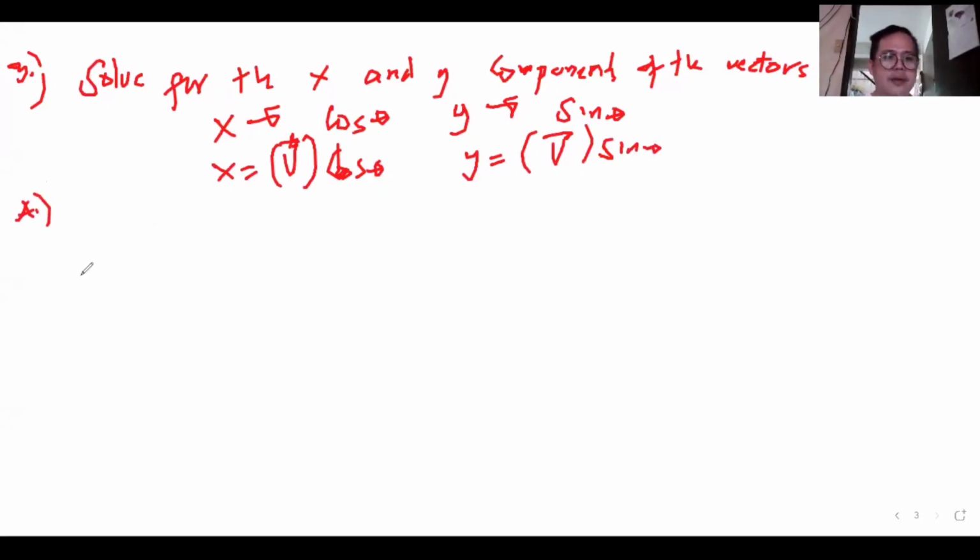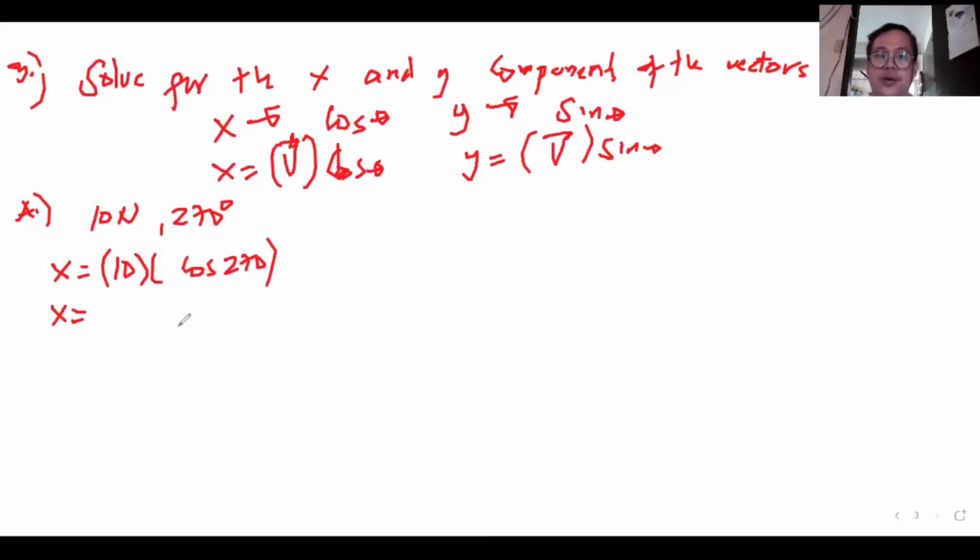Bala natin si A. So si A natin is 10 Newton, 270 degrees. So therefore, gamitan ta si X is 10 Newton multiplied to cosine 270. And cosine 270 class is 0. So X is 0. Okay?